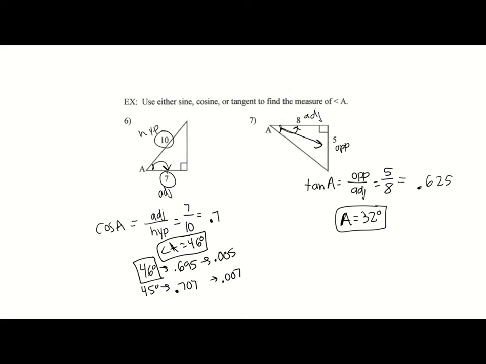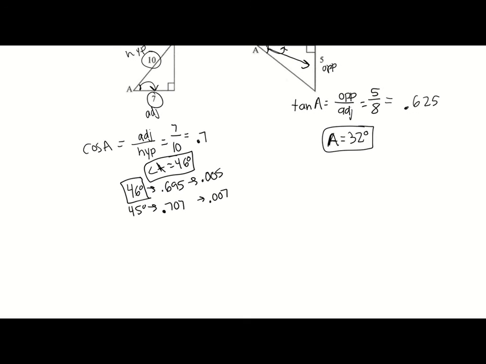Now there's one other way you could answer these problems without using the table. If you use what is called the inverse function, cosine inverse, on your calculator, you'll see it with that little -1 up top. If we write our value here, 0.7, and type this into our calculator, this is going to give us the same thing.